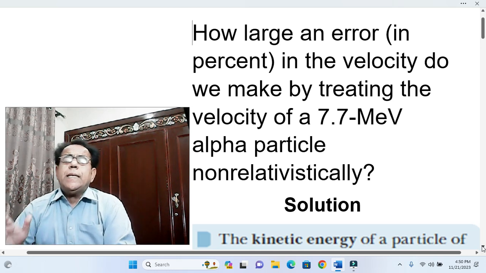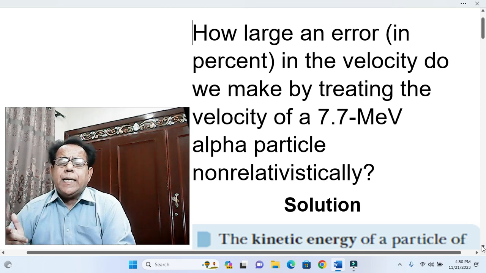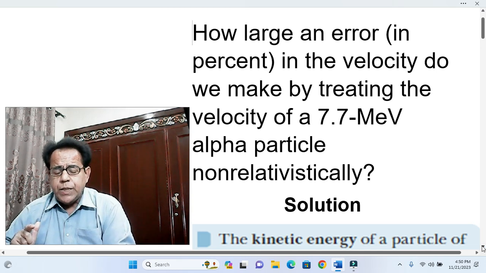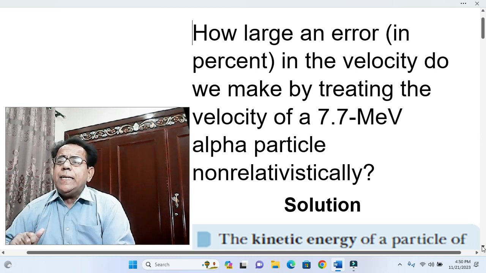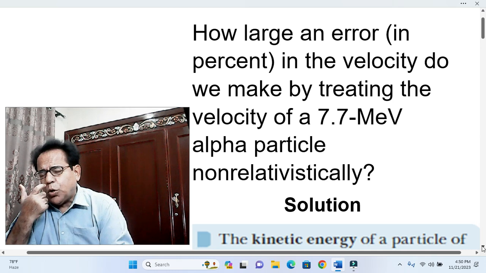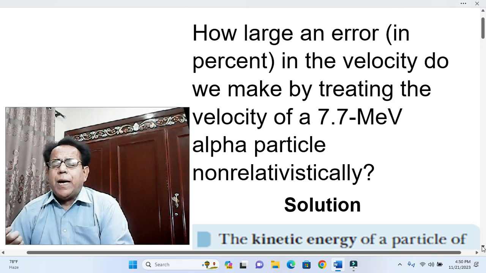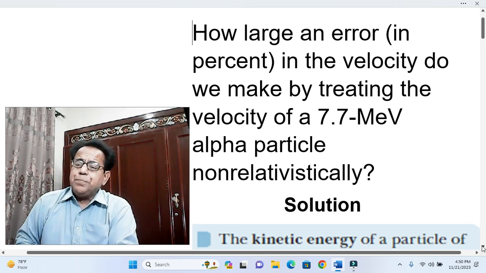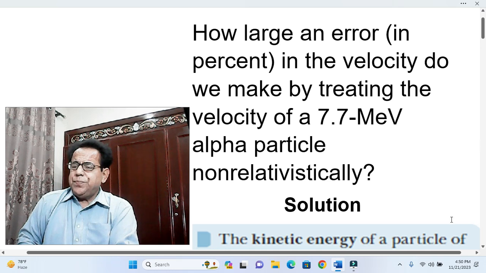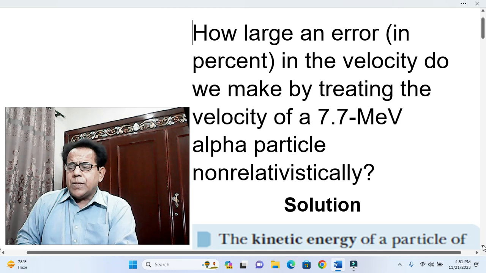For example, in classical and Newtonian, kinetic energy is K equal to half mv square, while in relativity kinetic energy is in terms of gamma Lorentz factor and speed of light c. Anyhow, we will deal with such things in quite detail.